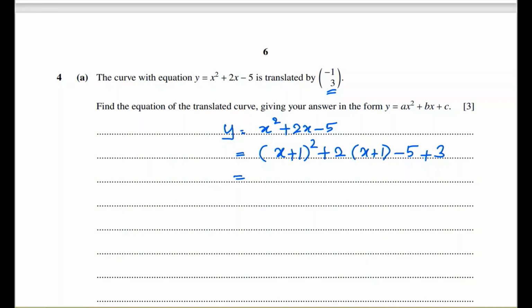So x plus 1 the whole square. Let us expand this. X square plus 2x plus 1 plus 2 multiplied by x is 2x. 2 multiplied by 1 is 2, minus 5 plus 3.